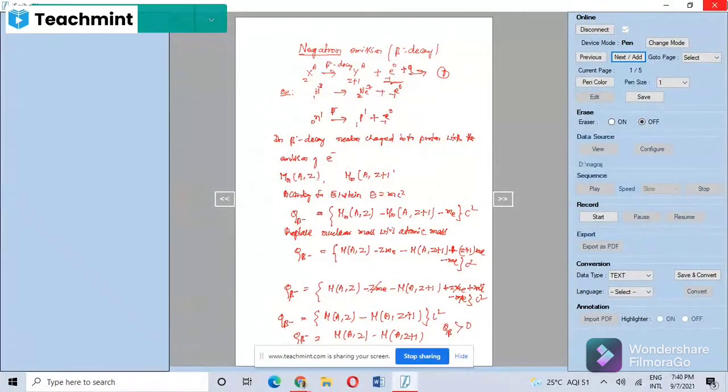So this is the condition for beta negative decay. If this is greater than 0, then M of A comma Z is greater than M of A comma Z plus 1. So that is required for the beta negative decay. So the final conclusion is, what is the condition required here? M of A comma Z is greater than M of, so I'll switch on to the next page.